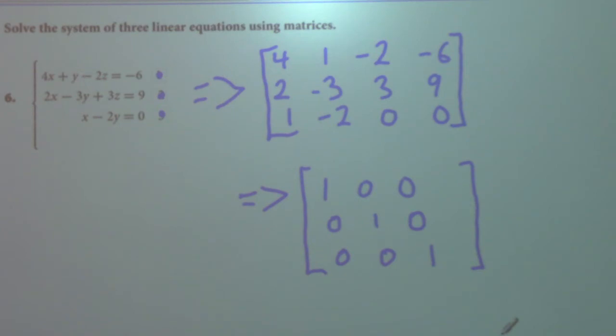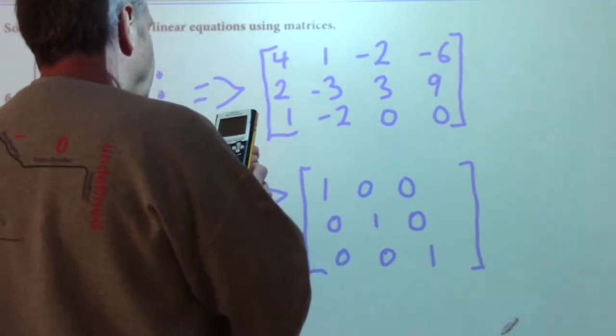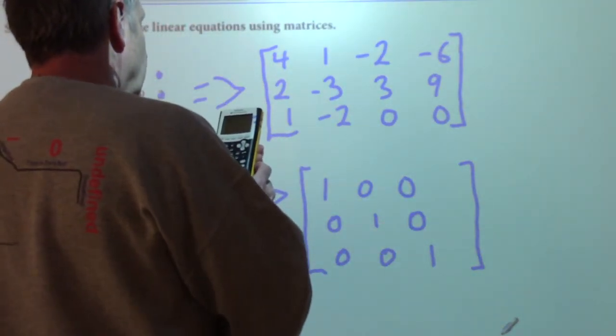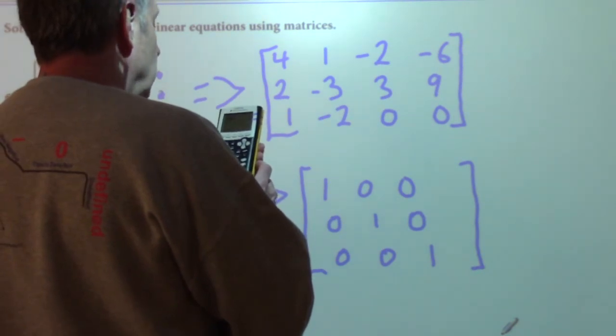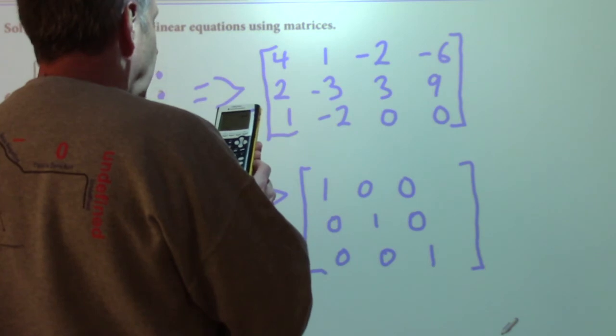I'm going to take it up here. Second matrix. So come over here so I can see. So I got a 3 by 4, definitely. So I got 4, 1, check, -2, check, -6, check.